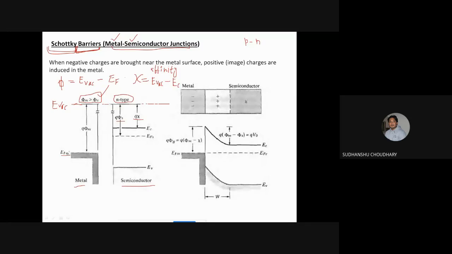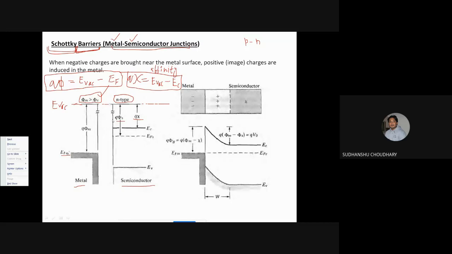So this gives me the electron affinity energy. These two things, electron affinity and the work function, are new to us. Work function is the difference between the Fermi level and the vacuum energy level for both metal and semiconductor, and electron affinity is the gap between the vacuum level and the conduction band.